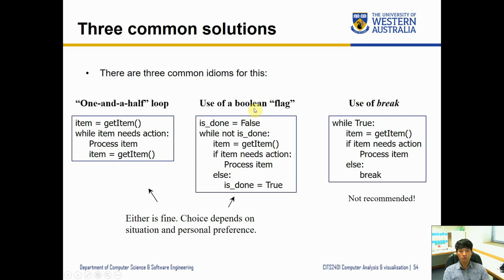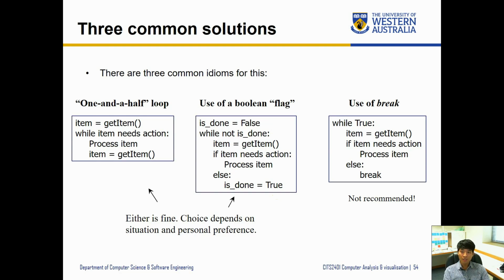You create an is_done flag, and while not is_done, we get the item and process it, and at the end we check whether we have finished, and if we did, we convert our flag to true. Either of those are fine solutions, and the choice depends on the situation and personal preference, but they're both really good solutions.